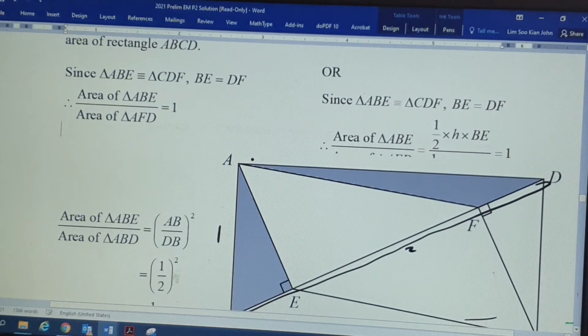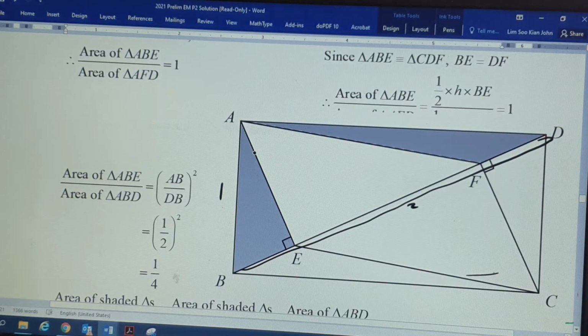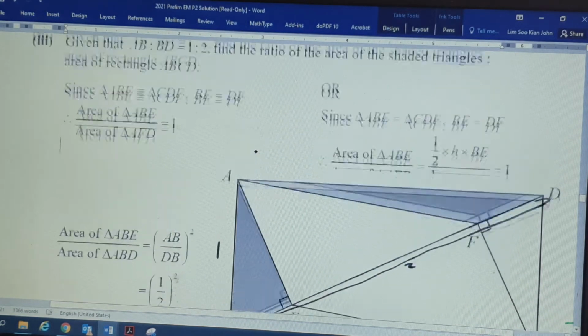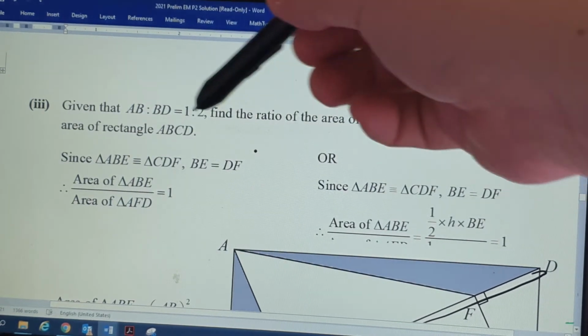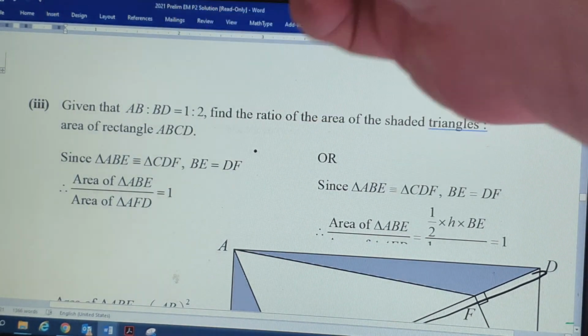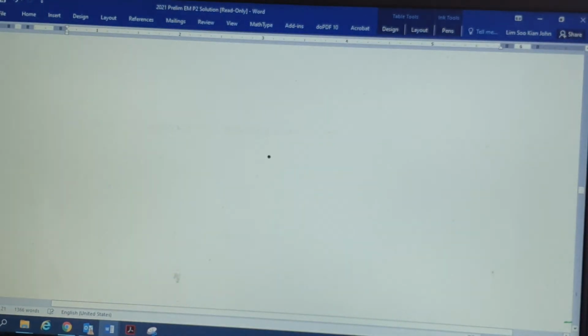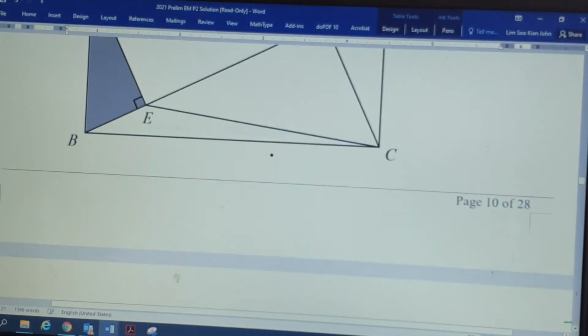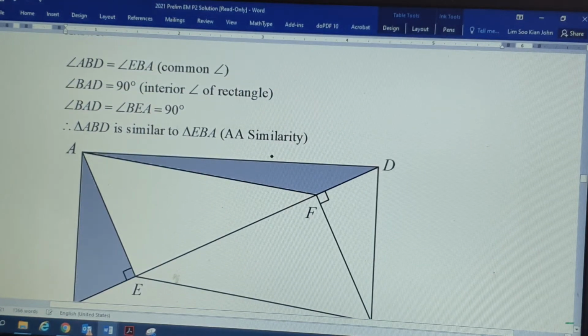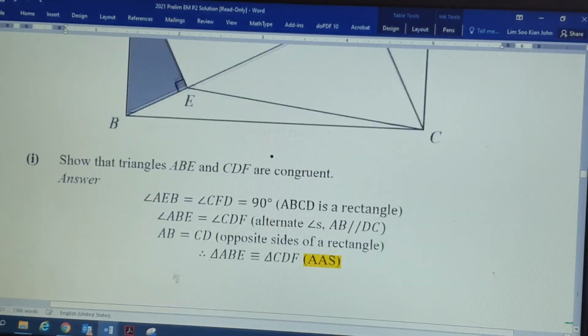You take a look. Normally, if you are given a problem and you don't really know how to solve from the given information here, then what do we do? You go to the previous parts. This will help you and this will help you.